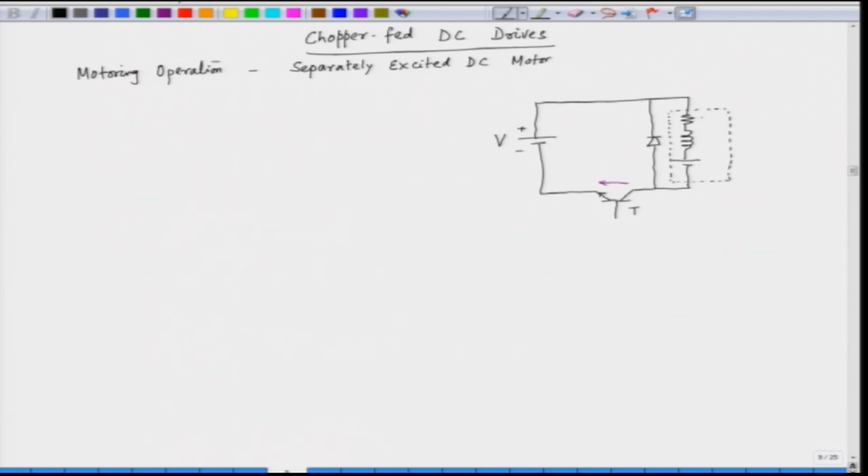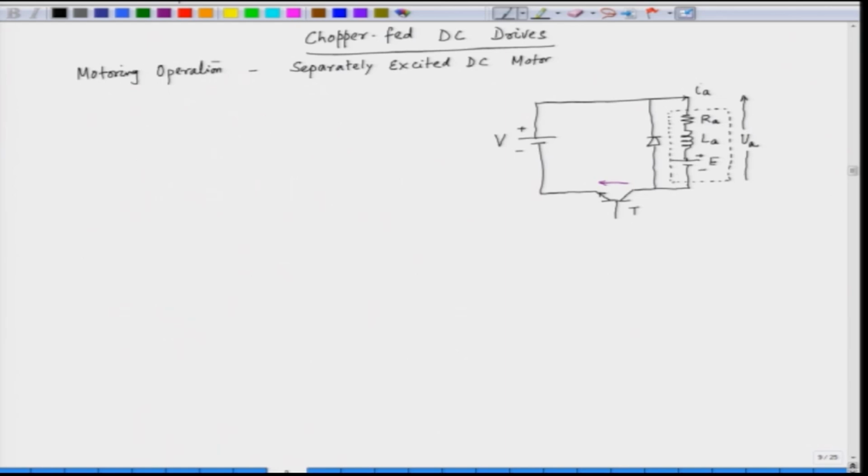We have the armature resistance RA, armature inductance LA, and the back EMF, E. The current through the armature is IA, and the voltage appearing across the armature is VA.